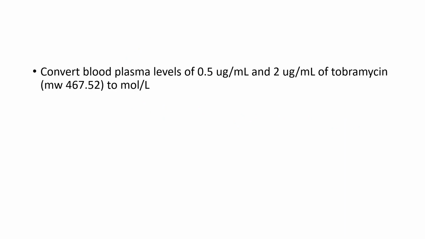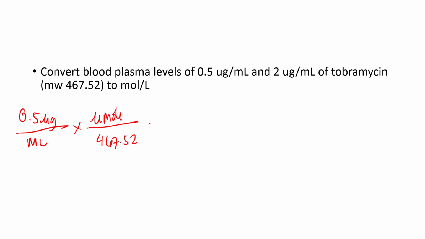Next, convert blood plasma levels of 0.05 microgram per ml and 2 microgram per milliliter of tobramycin to mole per liter. In this case, if we use micrograms, we will have micromoles. Then let's convert micromoles into moles. Let's start with 0.5 microgram per ml. If we divide it by the molecular weight of 467.52, we would have micromoles.